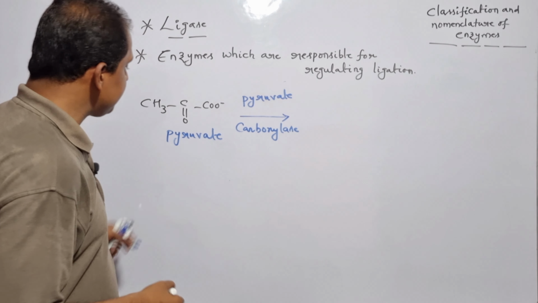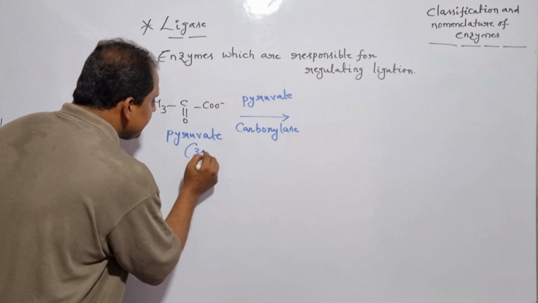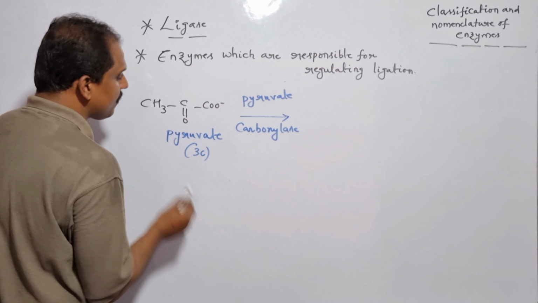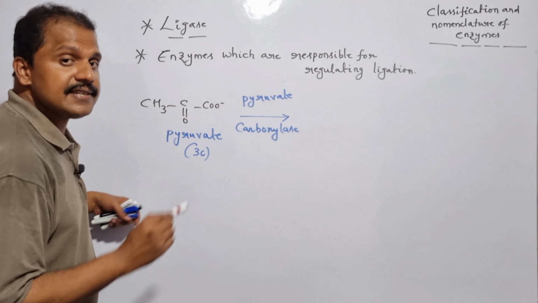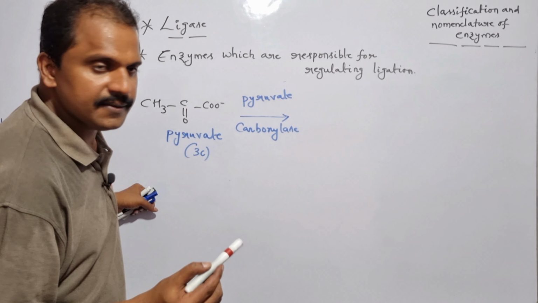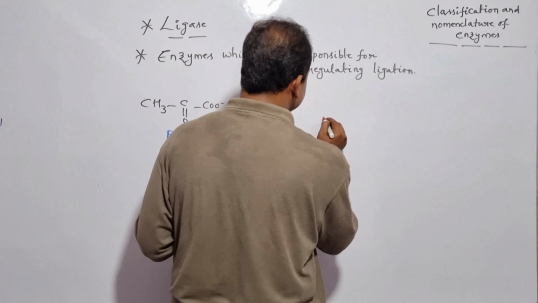Is it clear? Initially the pyruvate is a 3-carbon compound, but in the presence of pyruvate carboxylase, it successfully turns into a 4-carbon compound termed oxaloacetate.